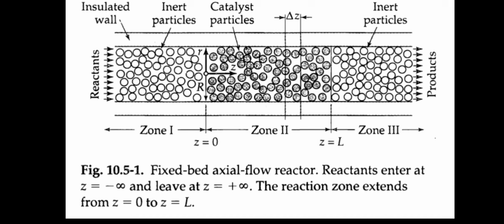Now, Zone 3, the exit zone, similar to Zone 1. This section is packed with non-catalytic or inert spheres and extends from Z equals L to Z approaching positive infinity. Again, no significant heat generation or consumption from the primary reaction is expected here.